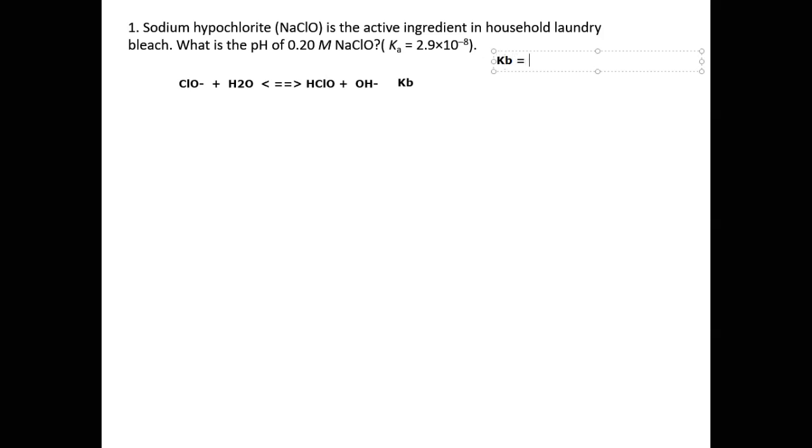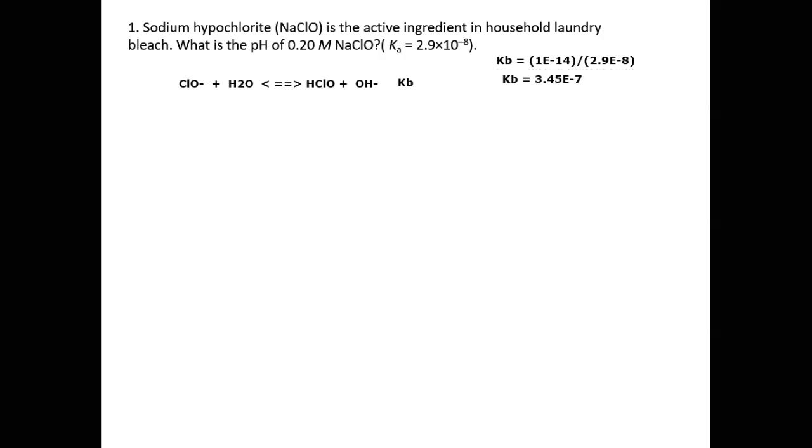Kb equals Kw, 1 e to the negative 14 divided by the Ka, 2.9 e to the negative 8. So Kb equals 3.45 e to the negative 7.